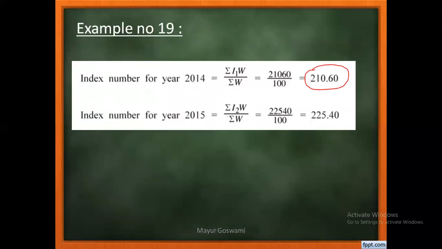So 2015 index number: Sigma IW upon Sigma W, 22,540 divided by 100, which is 225.40, right? So as compared to the previous year, that is base year 2014, how much percentage increase in 2015 in the cost of living index number?